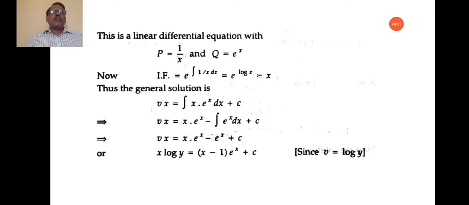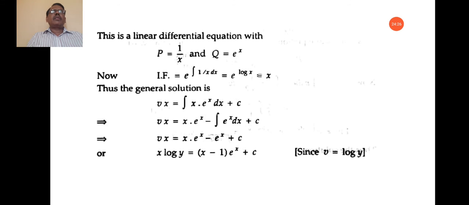Integration of x into e power x is done by parts. So x into e power x minus e power x plus c. The value of v is log y. So x log y is equal to x minus 1 into e power x plus c. This is the solution of the given differential equation.